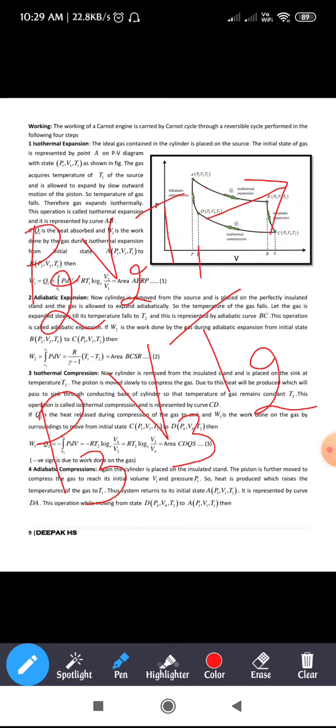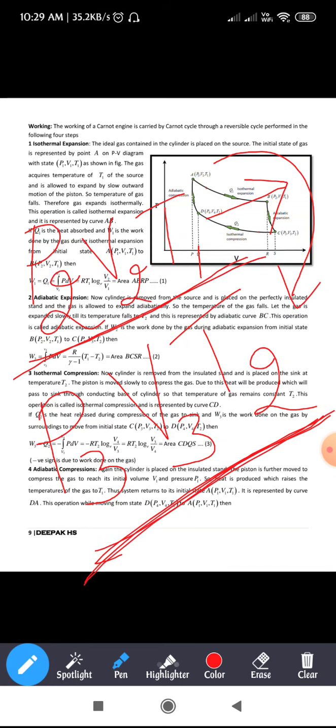When the gas expands, the temperature decreases. This is the process: when adiabatic expansion takes place, the volume, temperature, and pressure change from P2 V2 T1 to P3 V3 T2.